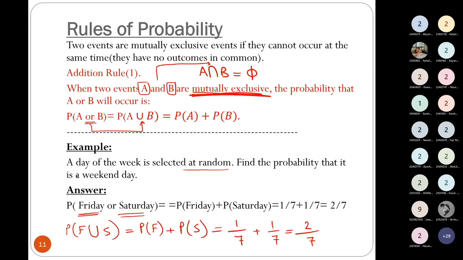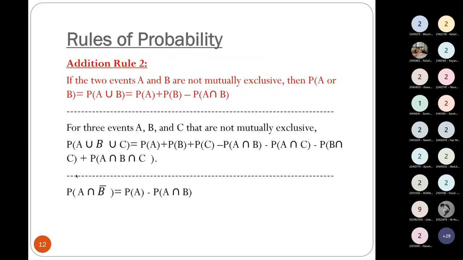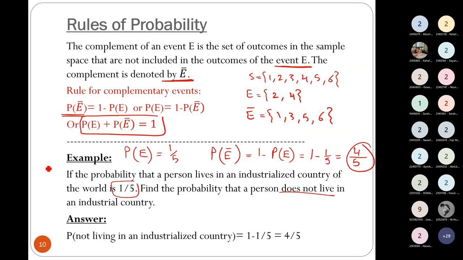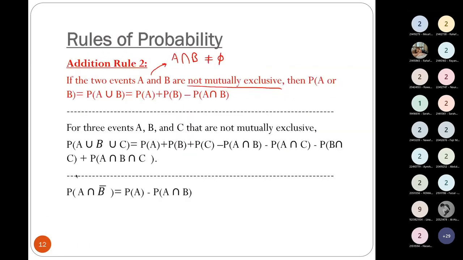Now, another rule of probability. If A and B are not mutually exclusive, this means the intersection is not equal to the empty set.